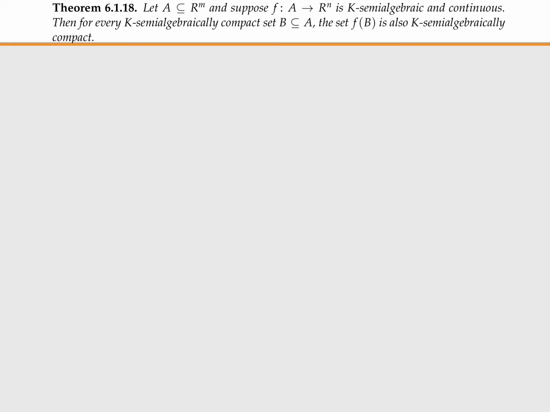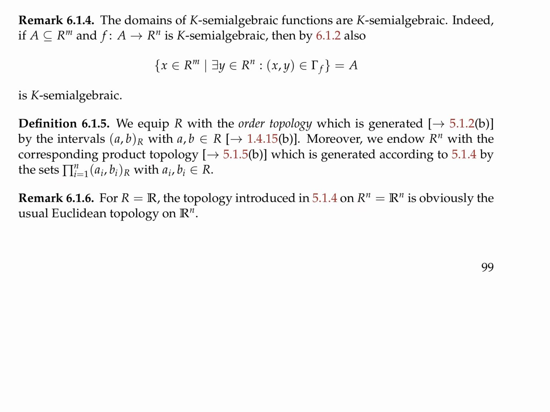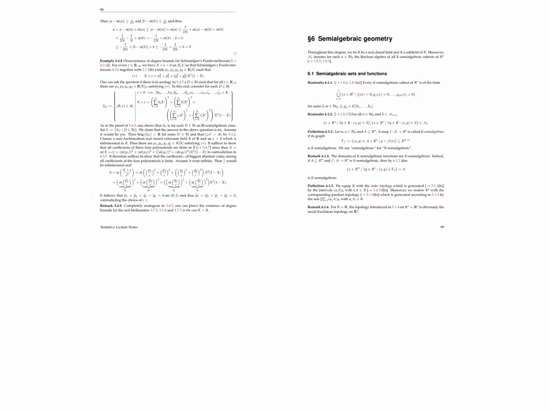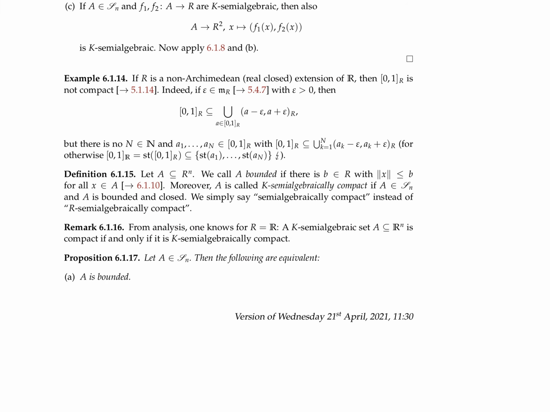Because for real numbers we know that a subset of R^n is compact if and only if it is K semi-algebraically compact, from 6.1.16. So because of this we know it already for real numbers.